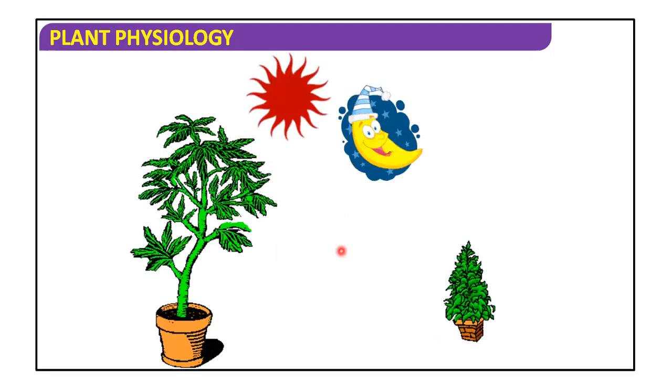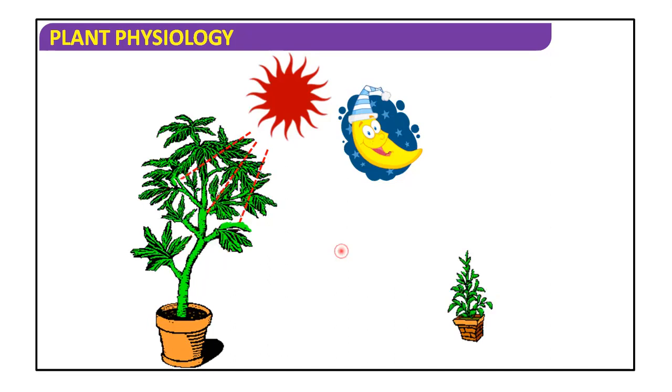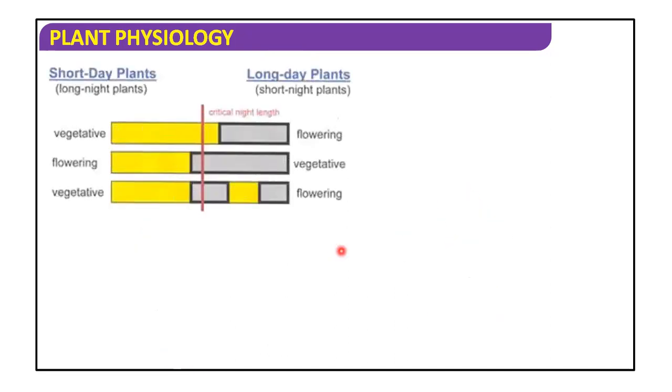Now, see this diagram is showing the plants growing in the sunlight, that is, in relation to photoperiodism. See, short day plants means here the night is long, so they are long night plants, and long day plants means here short night plants. And this is the critical night length.